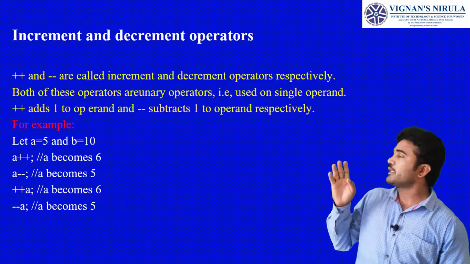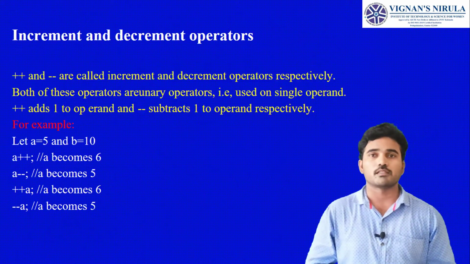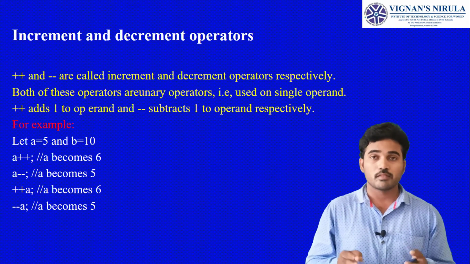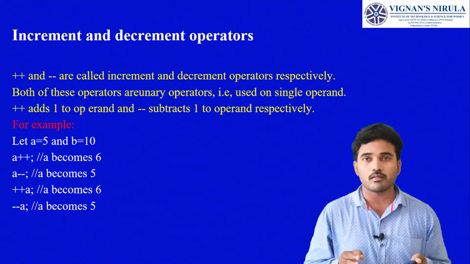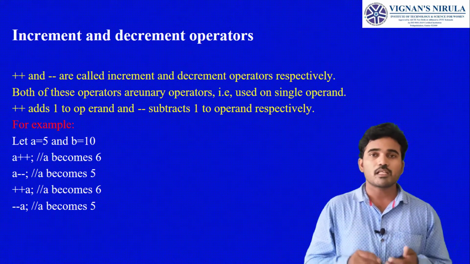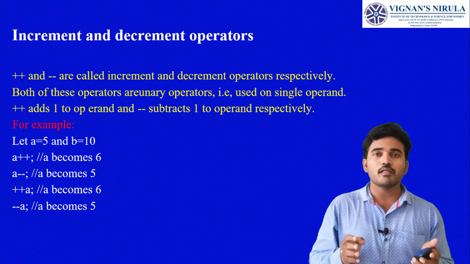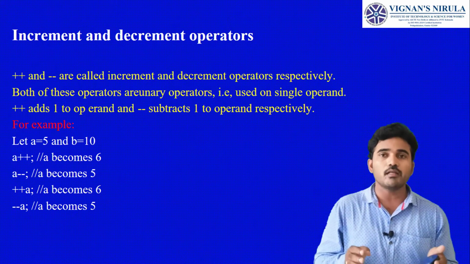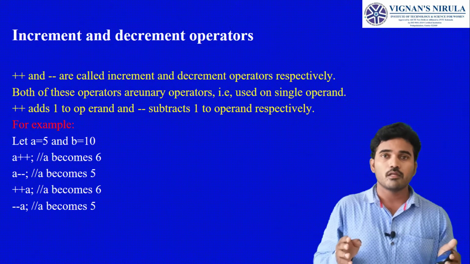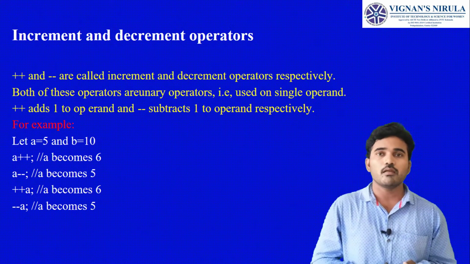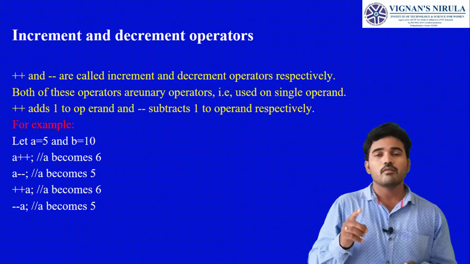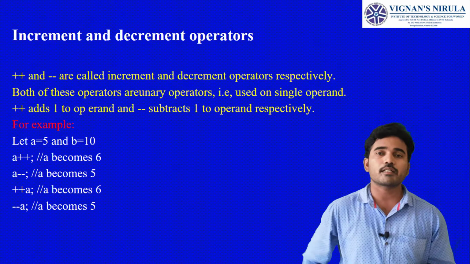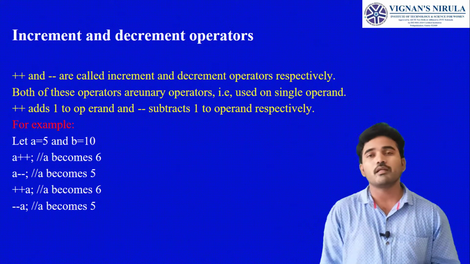Coming to the increment and decrement operators. The increment operator is denoted by plus plus and the decrement operator is denoted by minus minus. Both these operators are unary operators, which means they are used on a single operand. Plus plus adds 1 to the operand, whereas minus minus subtracts 1 from the operand.